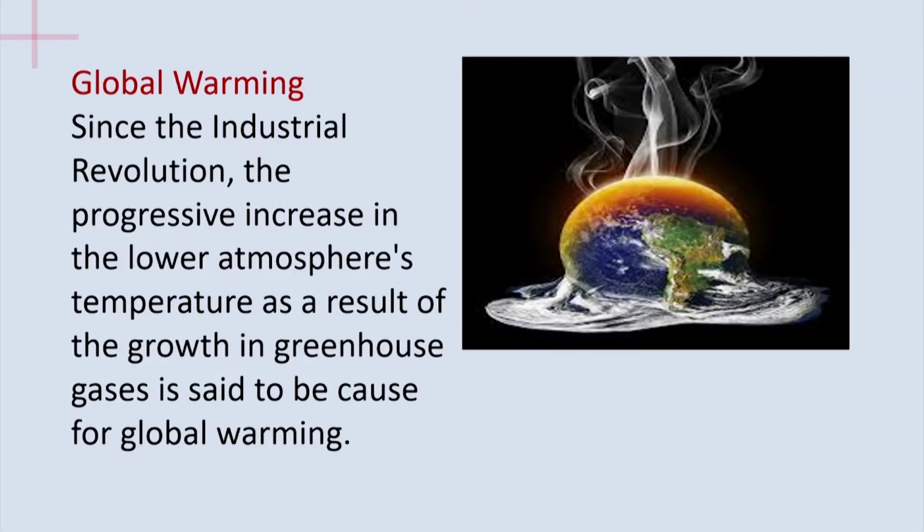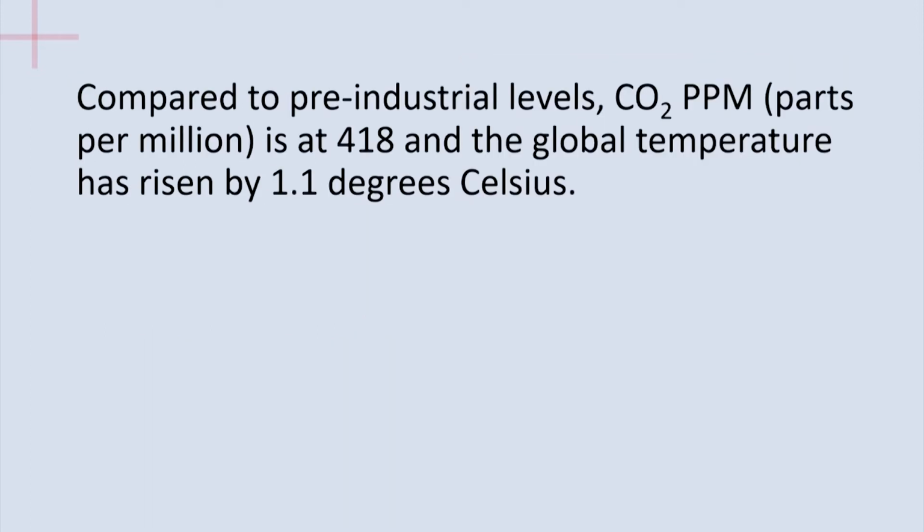Global warming. Since the Industrial Revolution, the progressive increase in the lower atmosphere's temperature as a result of the growth in greenhouse gases is said to be the cause of global warming. Compared to pre-industrial levels, carbon dioxide is at 418 parts per million and the global temperature has risen by 1.1 degrees Celsius.